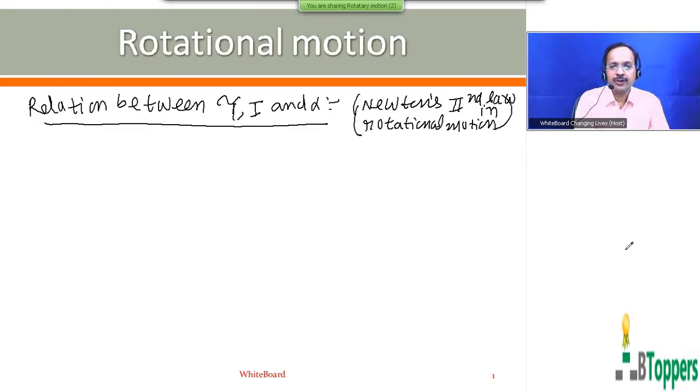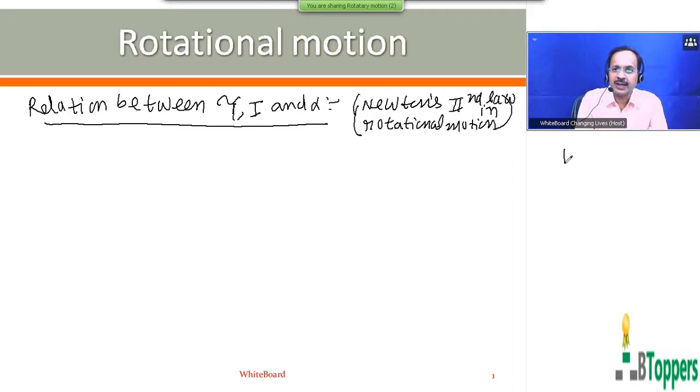So I am going to discuss the most important equation of rotational dynamics for a rigid body in pure rotational motion, which in some books is also called Newton's second law for a rigid body in pure rotational motion. Earlier I discussed Newton's laws of motion, mostly with examples for a rigid body in pure translatory motion.